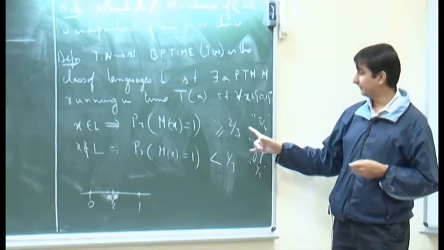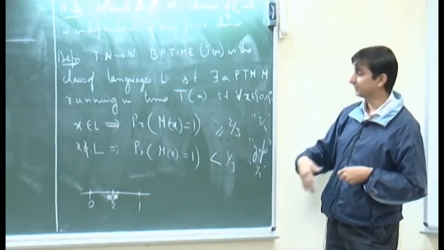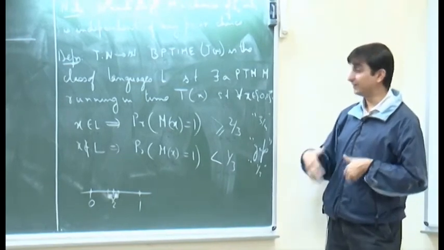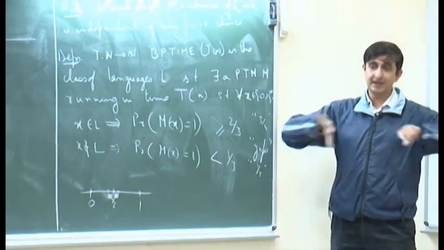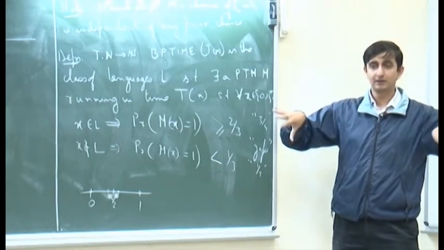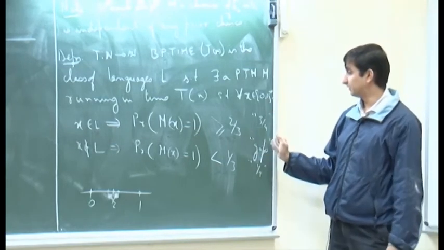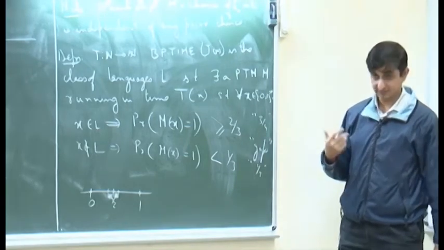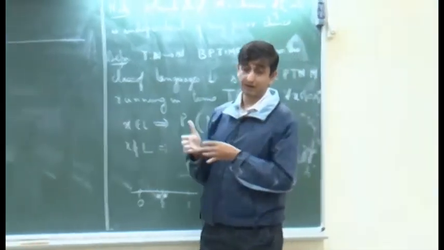Only if they had been on different sides of half would they have polarized to 0 and 1. Since they are on the same side of half, they would get polarized to only one side.